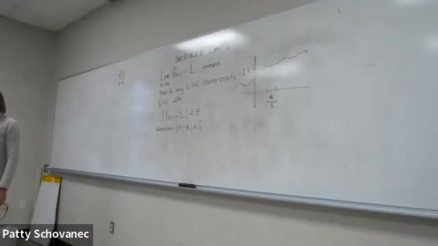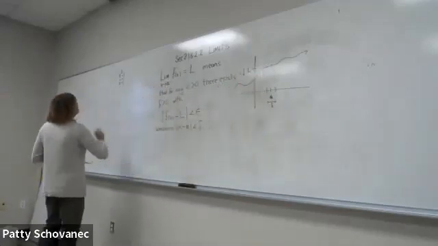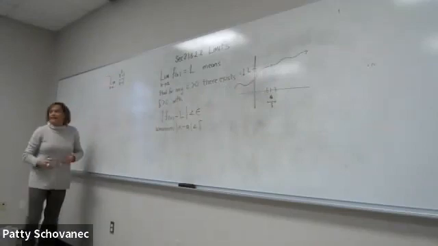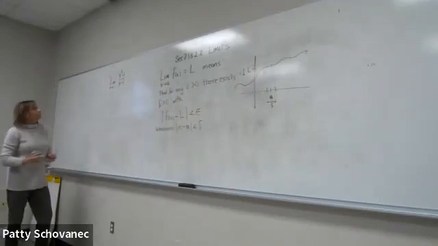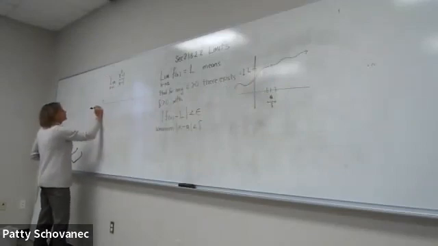So there's not a point there at all, but I want to see if there are points near, maybe some missing place right there. So I want to look at what happens when x is a number near 1, but not exactly equal to 1. So I'm going to just make a table of values. I'm going to pick numbers first that are smaller than 1 and go toward 1 from the left.